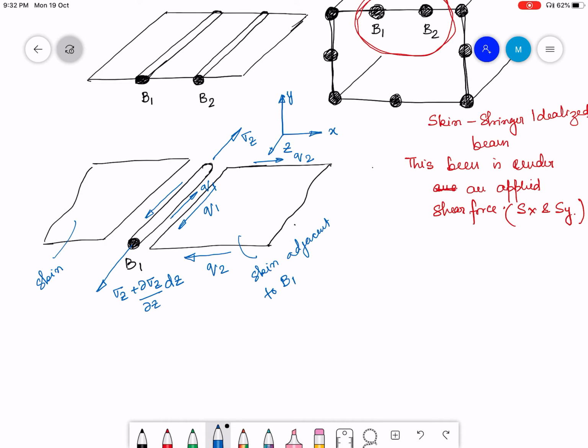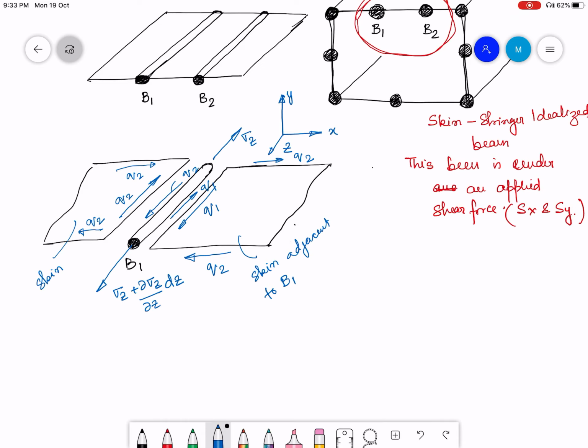If this is Q2, then on the skin I have a complementary shear flow Q2. So these are the stresses that are going to act on this boom and skin assembly.